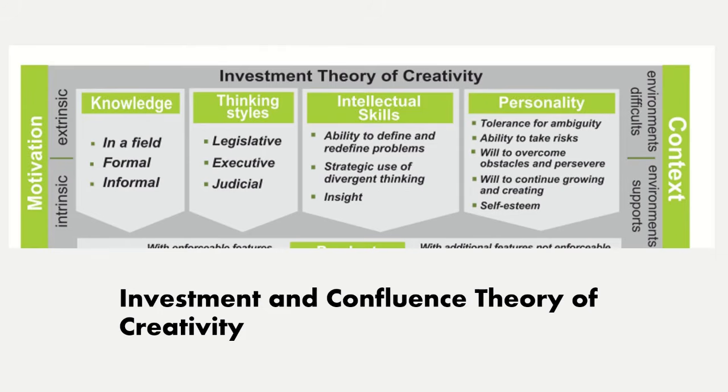So the investment and confluence theory of creativity gives you different fields or different areas of creativity, like motivation, which can be intrinsic or extrinsic, then knowledge, thinking styles, intellectual skills, personality and context. So context means environments. So you can explain in detail with some examples for these areas.